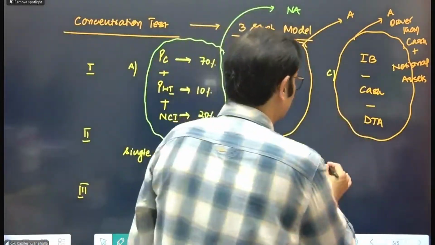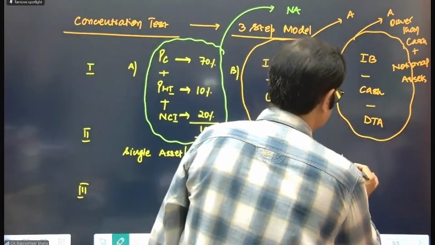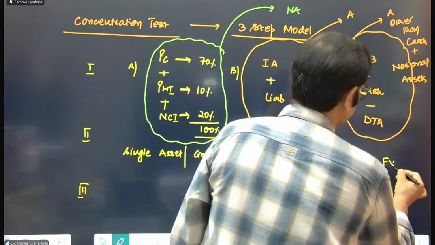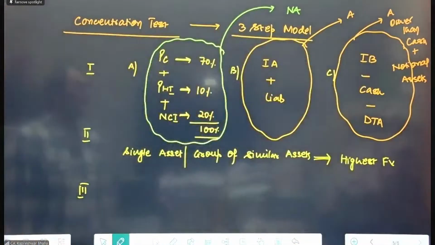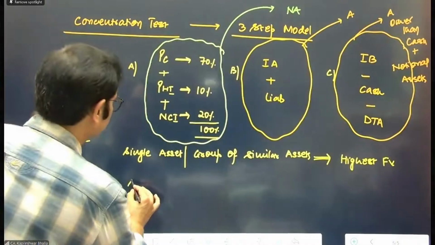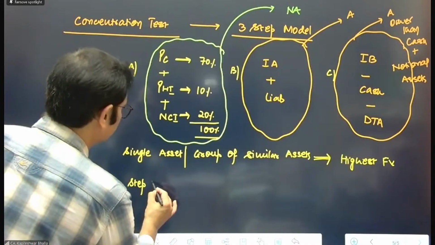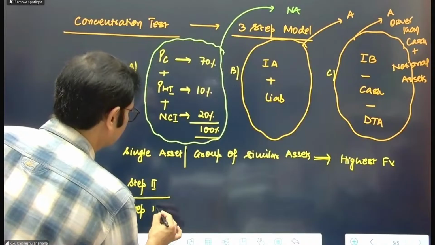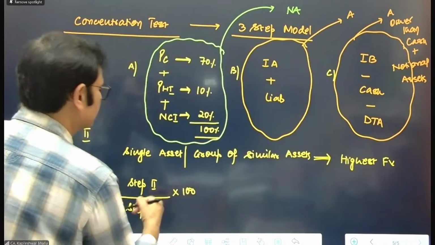So identify that asset or group of assets which seems to have the highest fair value. And then what I am going to do in step number 3 is take the value as per step number 2, divide this by the value as per step number 1, and convert this into a percentage.